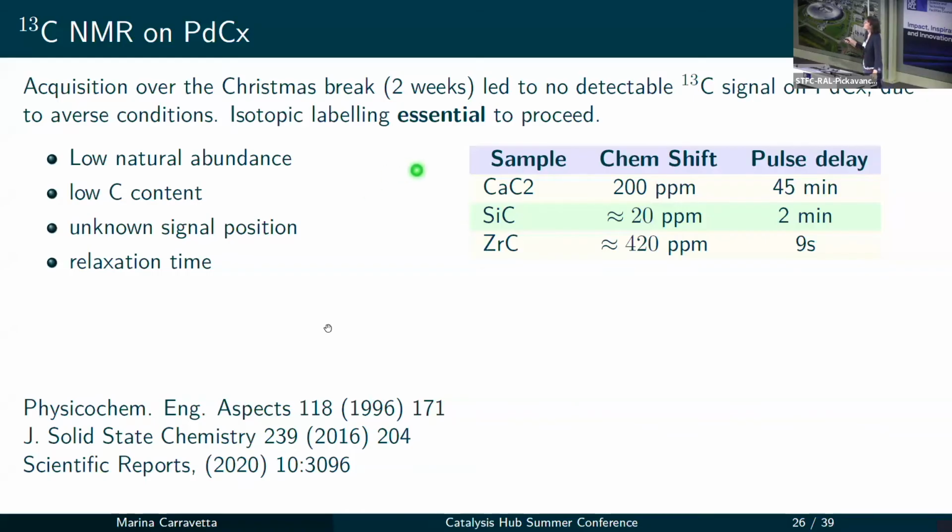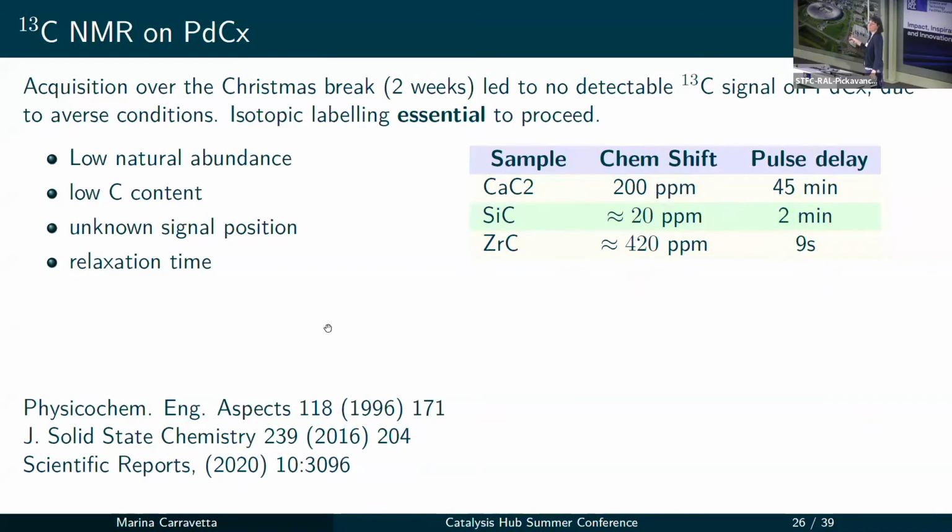For the carbon, the situation is very different because the peak position reported for other species in the literature went from about 20 ppm to 400 ppm. So it was very hard to know where we could expect a peak. And also the reported conditions for the acquisition of those data were very challenging, because some samples were acquired with a repetition delay of 9 seconds.